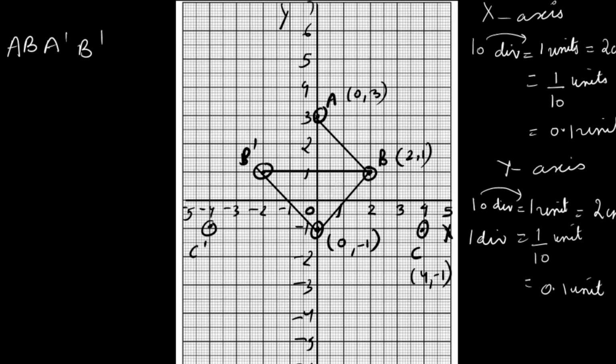And last year also I saw some of the students, they got confused and they were still thinking, now they have mentioned this only. So should we join? Should we make it a closed figure? So always, if they have written in this form also, still you have to remember B dash with A you have to join. There should not be any confusion. They haven't written here A. So what should we do?